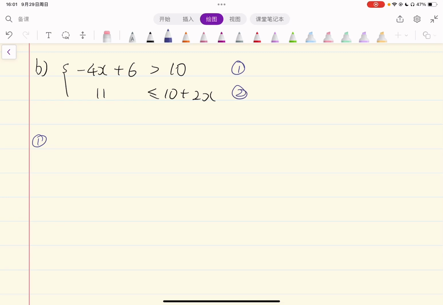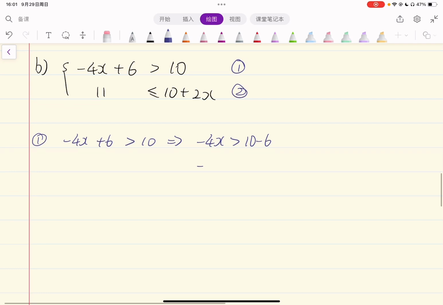We have inequality 1, that is minus 4x plus 6 greater than 10, which implies minus 4x greater than 10 minus 6, so minus 4x greater than 4. To be aware of that, you need to divide by minus 4 on both sides. When you divide by a negative number, you need to change the sign.